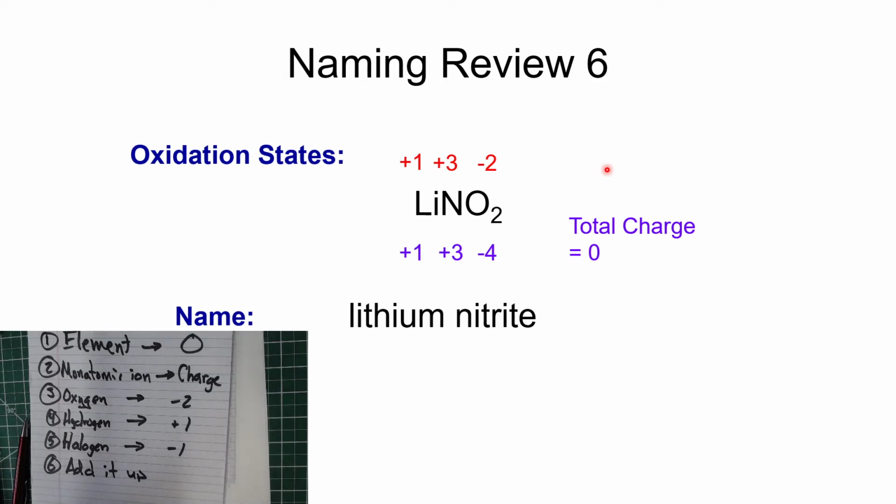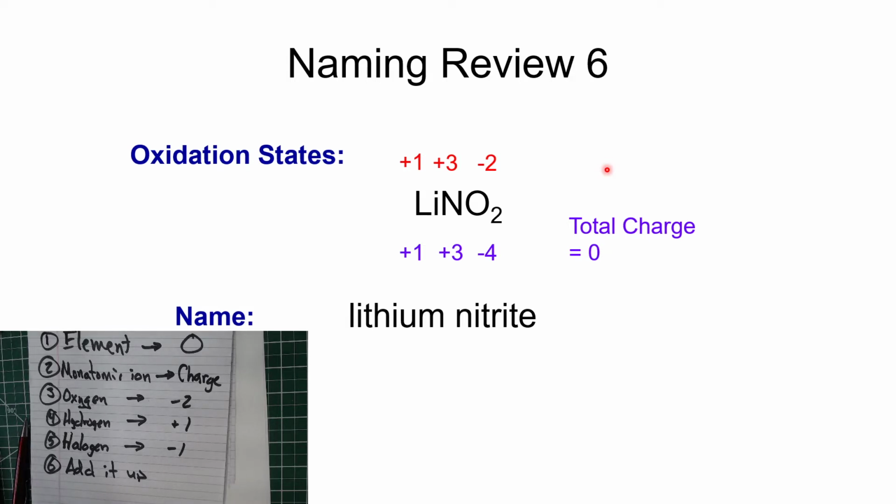Okay, so quick note here. If you look at nitrite that you had a minute ago, you saw that it had an oxidation state for nitrogen of +3. Here in lithium nitrite, it also has an oxidation state of +3 for the nitrogen. And really, it does not matter where your nitrite is.